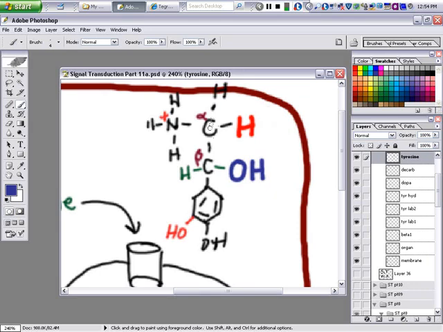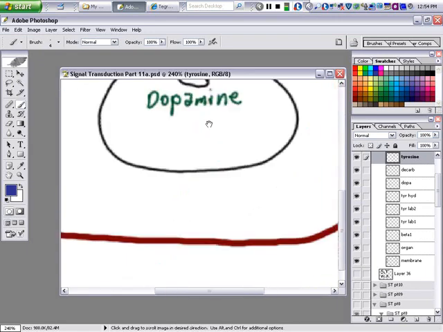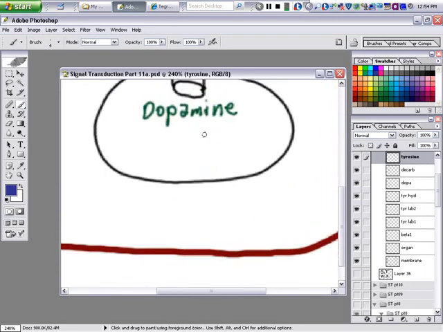To distinguish between that one, we don't simply call this enzyme dopamine hydroxylase. We call it dopamine beta hydroxylase. Make sense? Excellent.